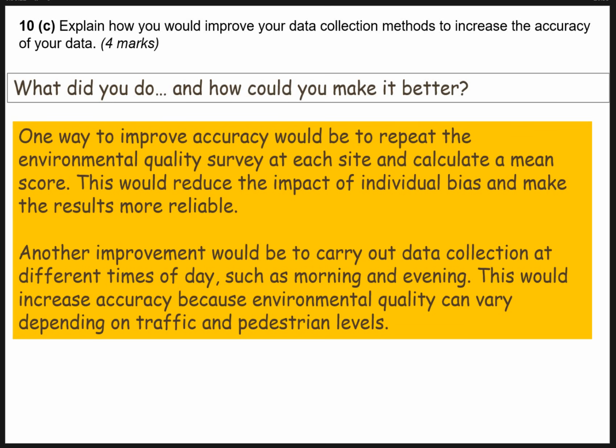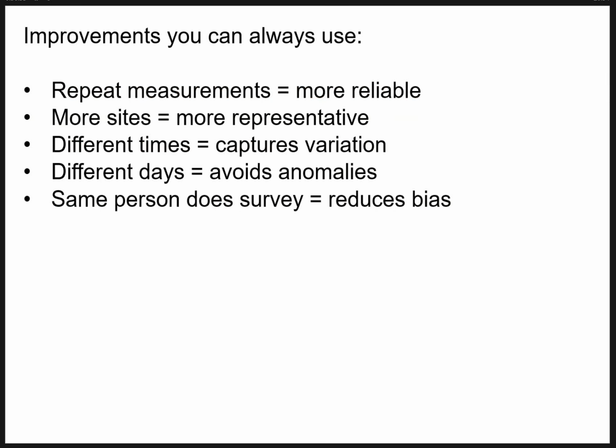So improvement question, as I said, it's one that you see very often. So it's pretty much the same answer. Different categories of improvements you can use. Worth making a point of those, coming back and maybe writing them down or pausing the video now. So improvements: repeat measurements, more sites, different times, different days, and maybe using different people as well.